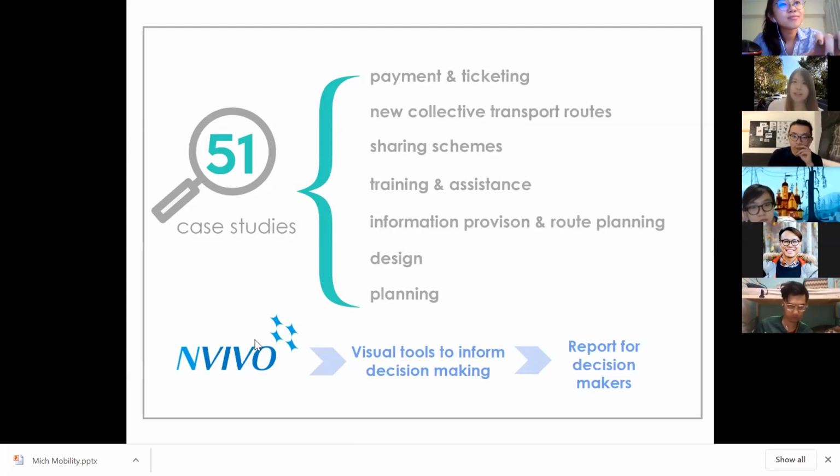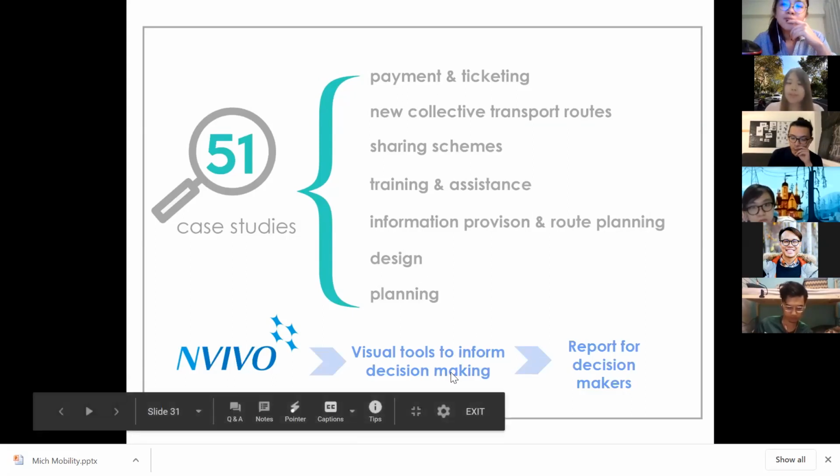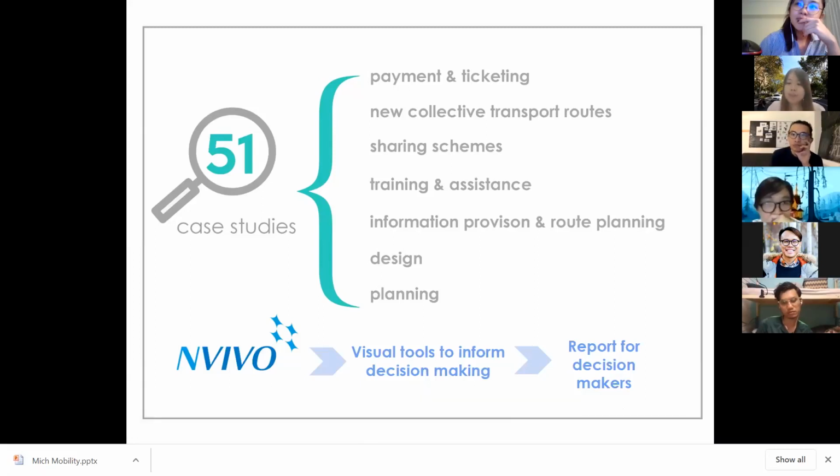From this, I get all the data processed, and I produce visual tools to inform decision making and provide a report for decision makers. So the objective of this whole project is to inform decision makers, to help them in making decisions based on the findings we have.